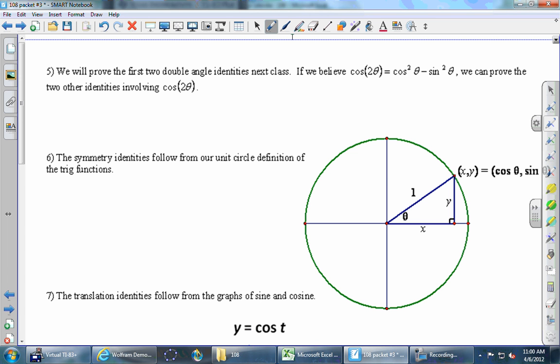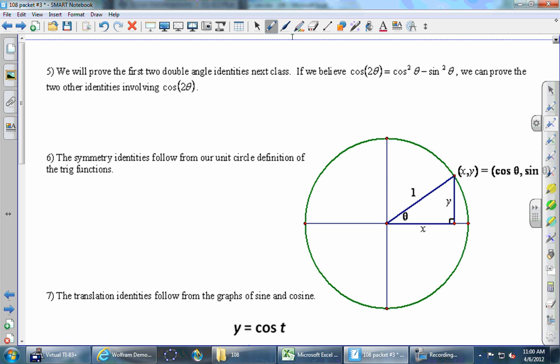We just saw it on the previous page for the first time. But if we believe that one, and I'm going to convince you that that one is true next class, but if you take my word for it right now, then we can get to some other identities relatively cheaply, I'll say. So let's use that identity right there. Cosine squared minus sine squared is equal to cosine of 2 theta. Pretend that we believe that to be true at the moment.